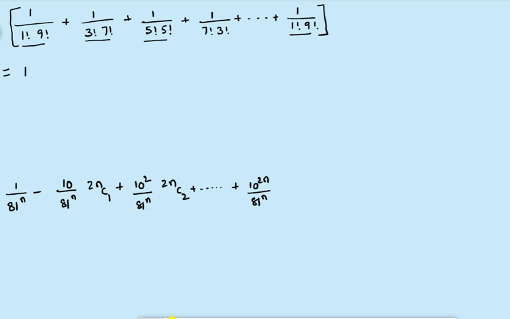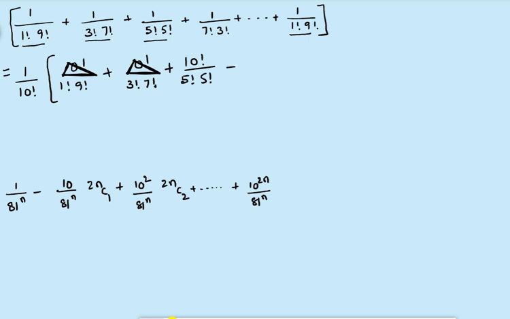Observe here, multiplying with 10 factorial and dividing with 10 factorial, then I can write 10 factorial by 1 factorial into 9 factorial plus 10 factorial divided by 3 factorial into 7 factorial plus 10 factorial divided by 5 factorial into 5 factorial plus and so on, plus finally again 10 factorial divided by 1 factorial into 9 factorial.